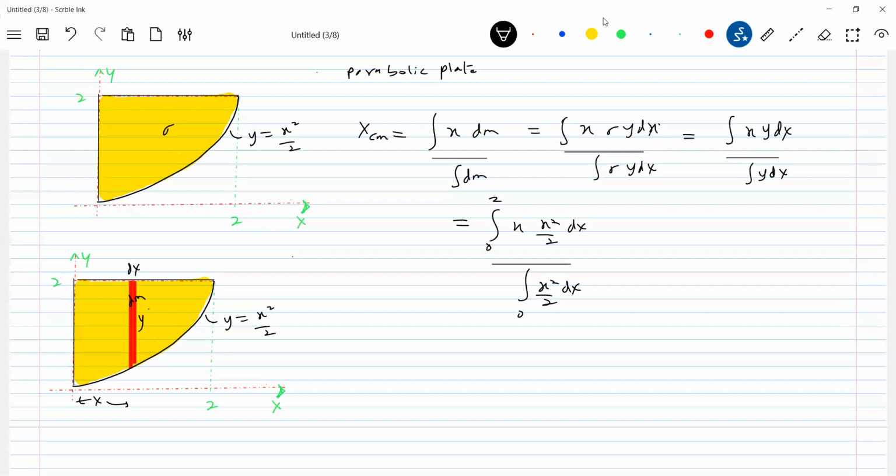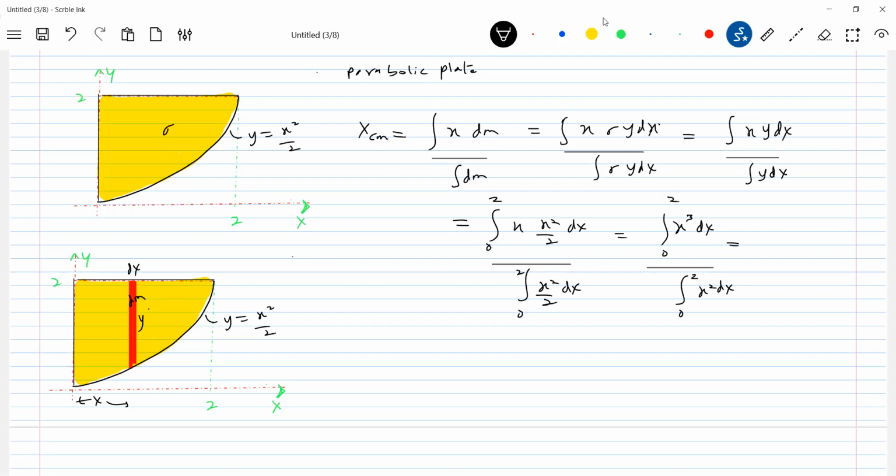Now you put the limits, because if you write 0 to 2 it will become 2 kg. So the 1 by 2 gets cancelled. On the top, x cube dx from 0 to 2. Similarly, the denominator will be 0 to 2 x square dx.